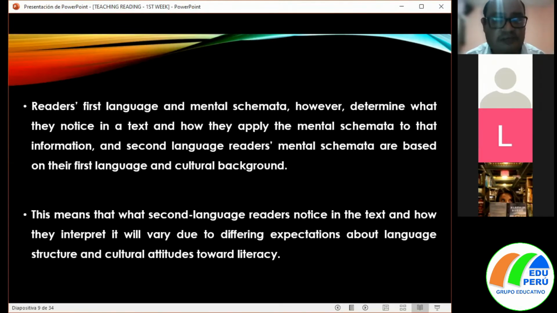So they are going to have different interpretations. Notice here how important literacy in the first language, the native language, the mother tongue, is when you read something in a second language. It's so important.